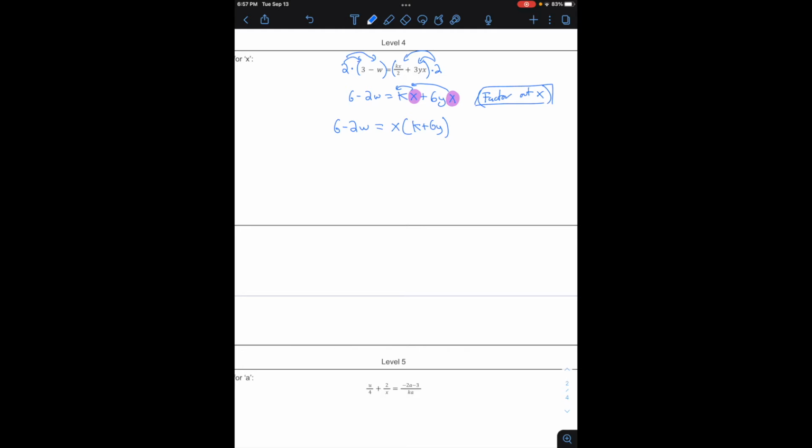Now to solve for x, all we have to do is divide by k plus 6y on both sides. And we're left with x equals 6 minus 2w over k plus 6y. Okay. So a rather elegant way to deal with the fraction and allows us to solve.